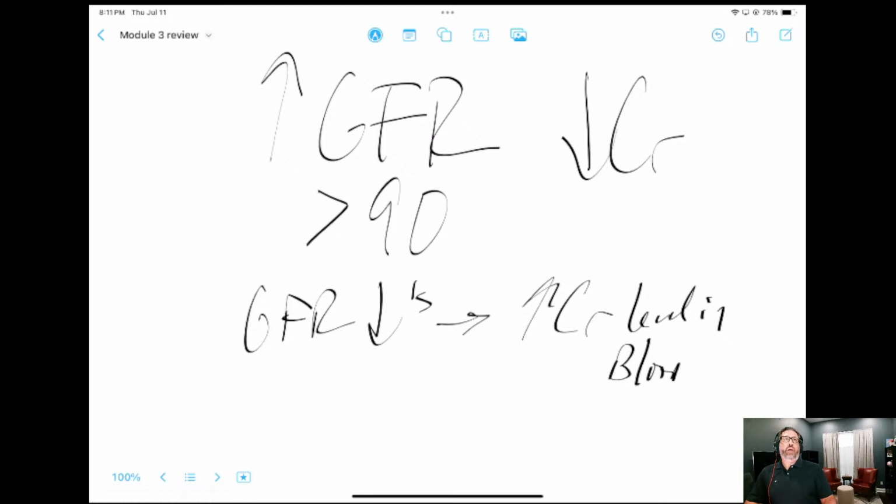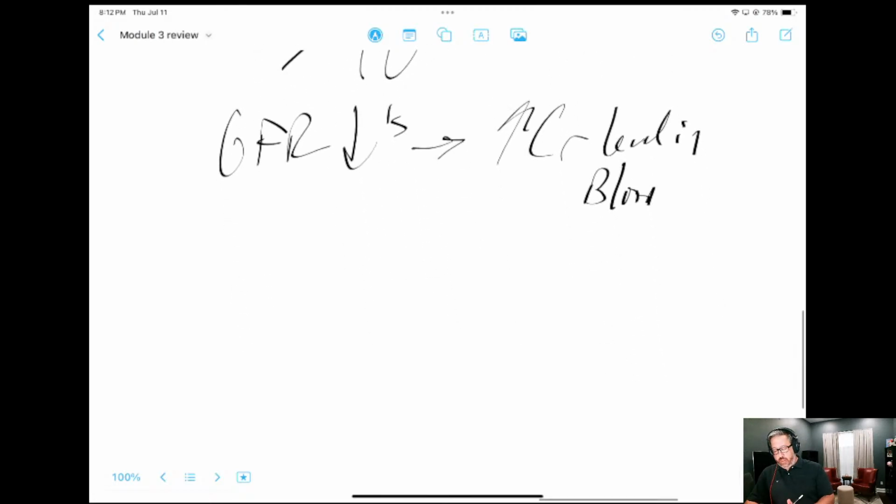Yeah, just know that NSAIDs only affect the afferent side. And on the efferent side, angiotensin 2 is the main one.